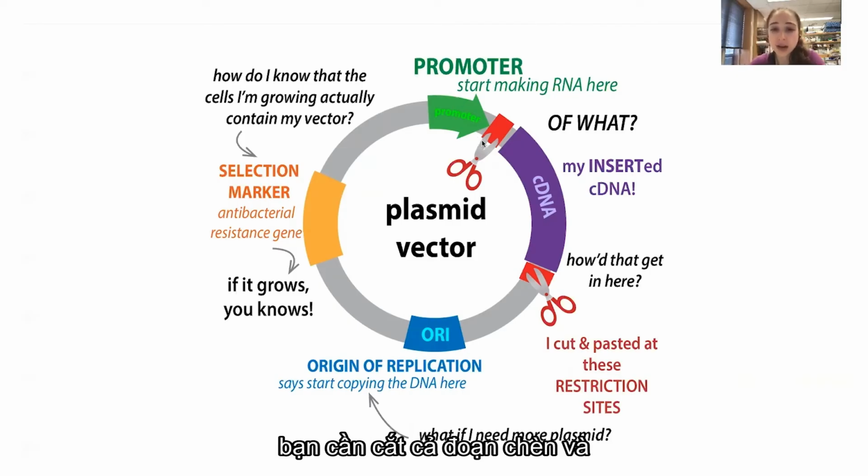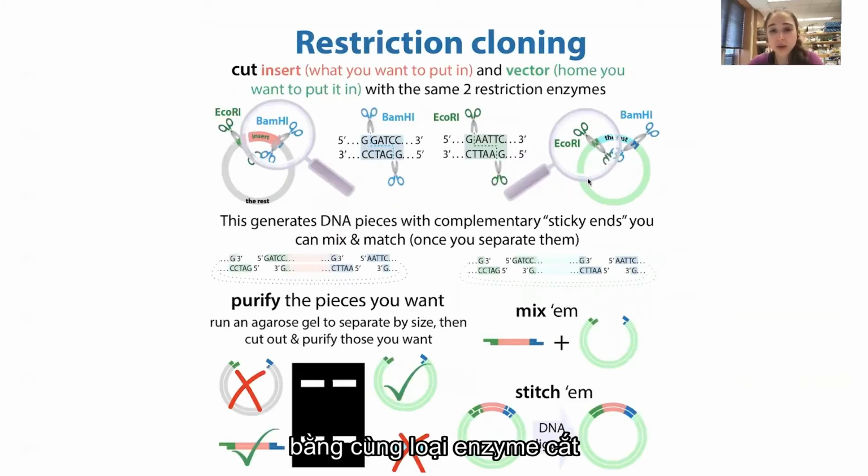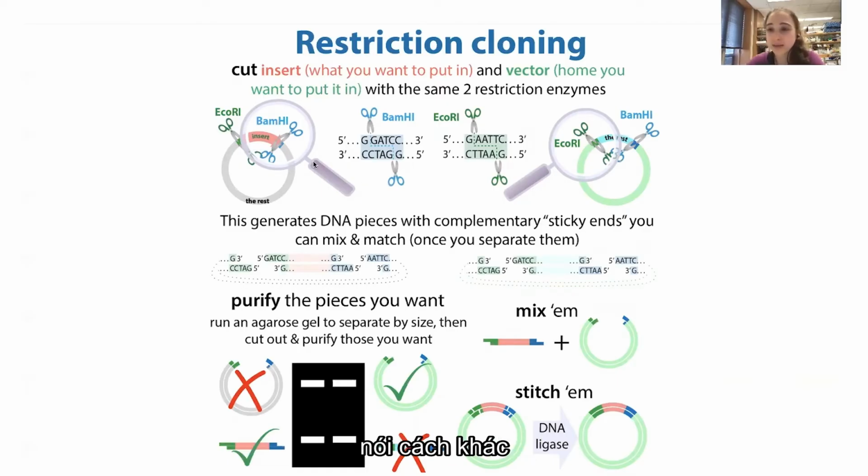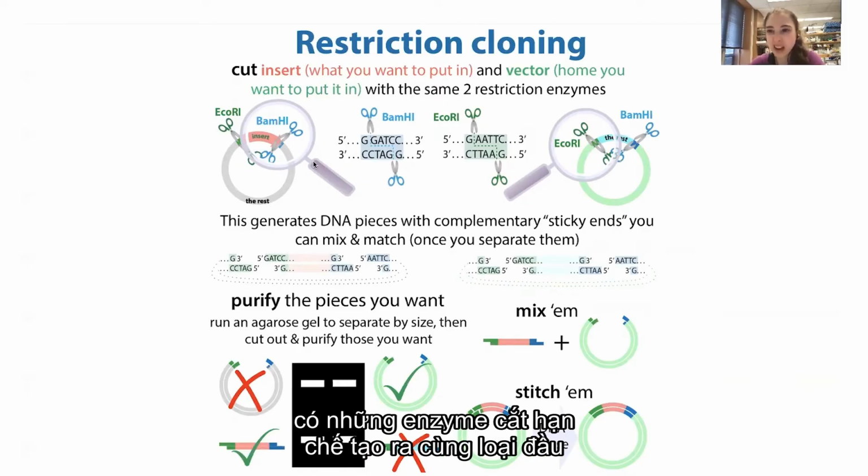Basically, you want to cut both your insert sequence and your vector sequence with the same, or at least complementary, sticky ends, or enzymes that will make the same cut ends.